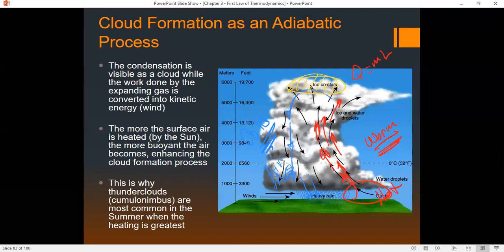Again, I'm oversimplifying a much more complicated process. But again, we can understand how the air, as it expands, is going to cool off. It's going to condense. It's going to turn into moisture. That moisture is going to fall and release the energy that it took to the top of the cloud with it.